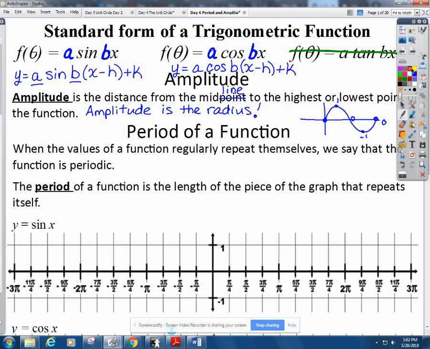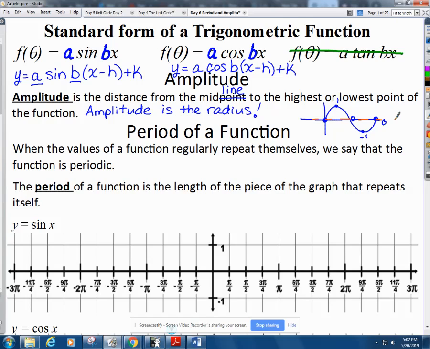The midline is the line that would run right through the middle of the function. So how high is it from the midline to the highest point? 1. How high is it from the midline to the lowest point? How tall is that line? 1.